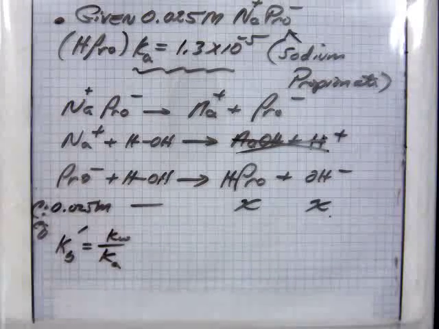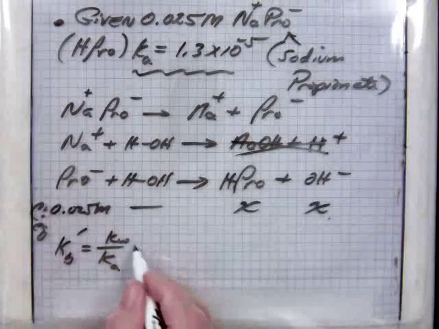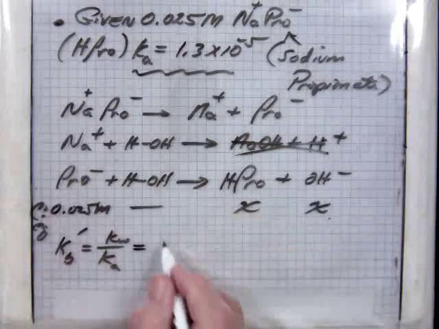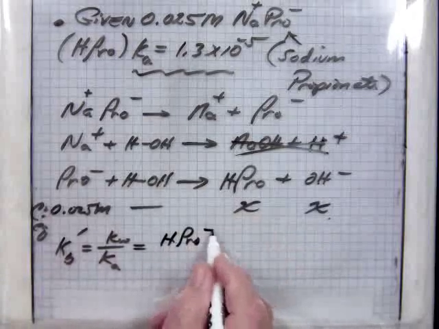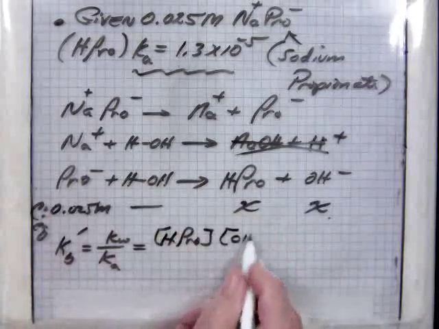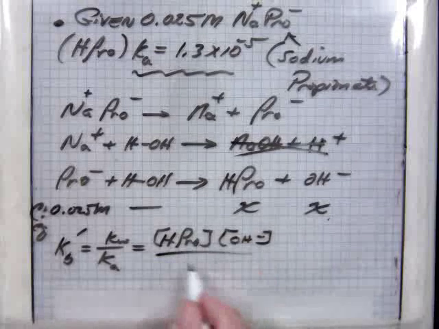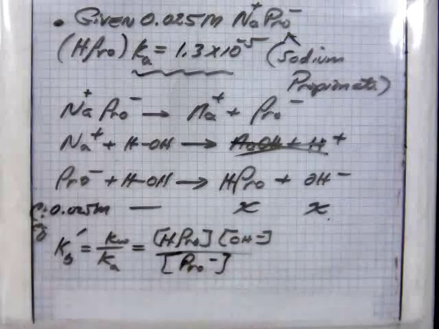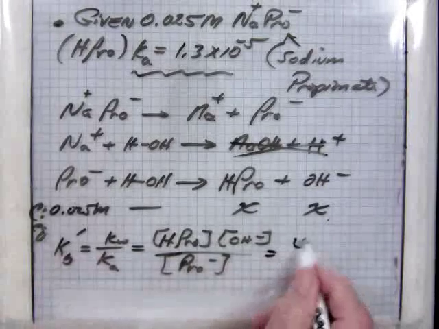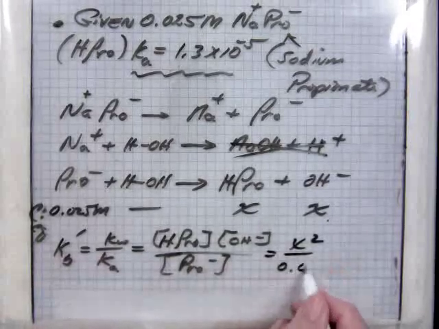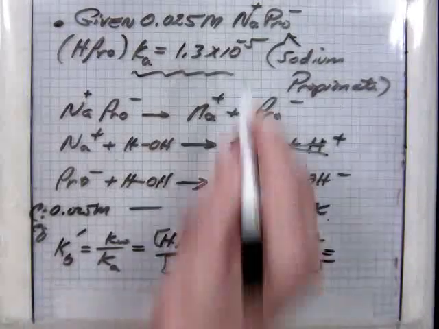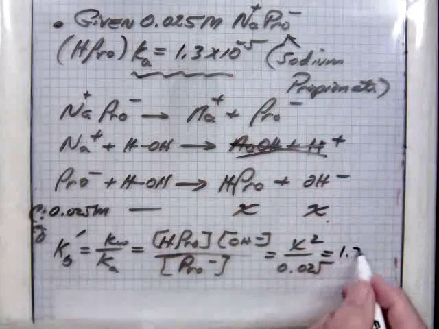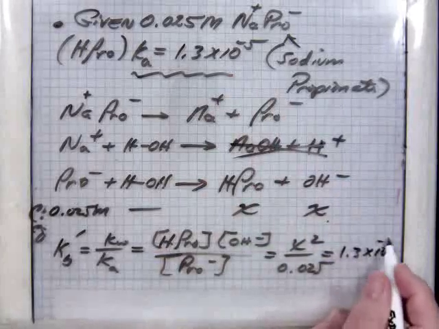So now, since that's an anion, we're looking for a Kb prime, which is Kw over the propionic acid Ka value. And that would be HPro OH minus over the propionate salt ions there. And that ultimately goes to x squared over 0.025 and equals 1.3 times 10 to the minus 5.